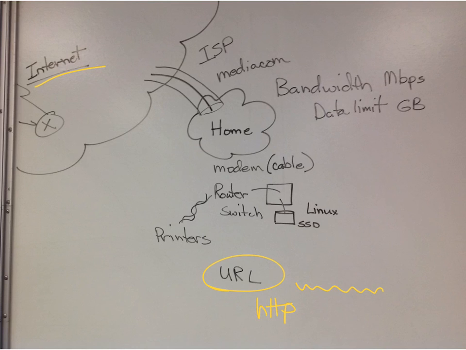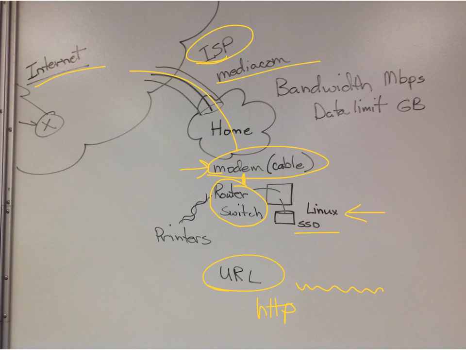We talked about, you know, at home you have this router switch device, and in our house, I have a computer running Linux. It has an SSD drive. We have a cable modem. The device that modulates, demodulates is what modem means, but it really is basically a way to get the information from my router onto the cable, to the cable company, Mediacom, which is our ISP.